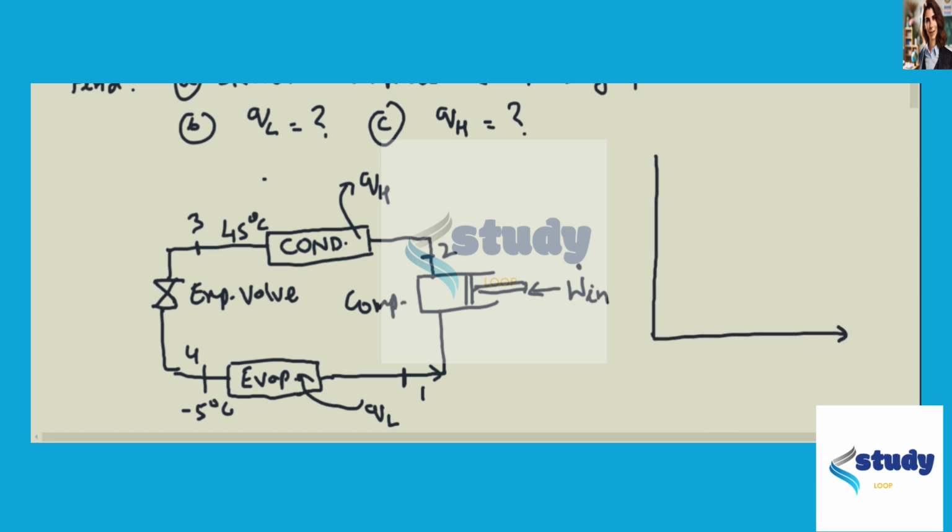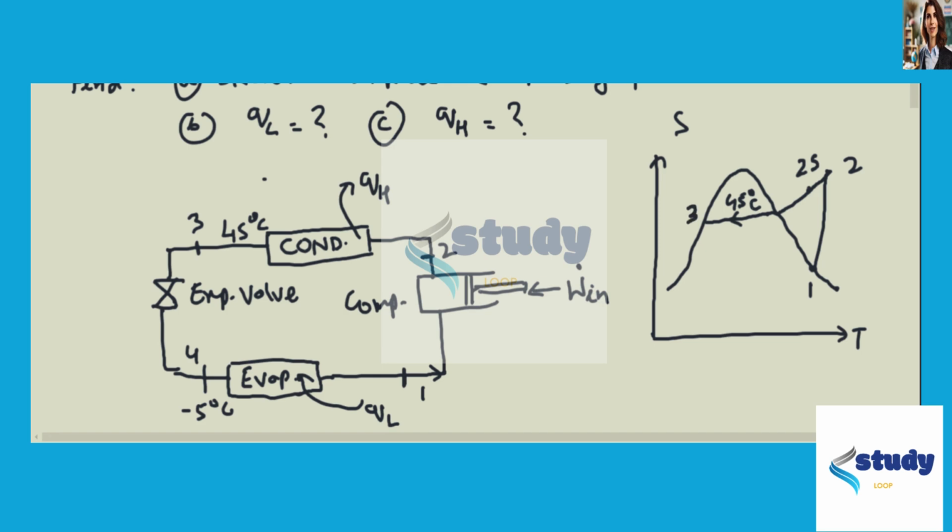Now entropy and temperature graph. State 1, state 2, isentropic process in state 2, 45 degrees Celsius temperature.